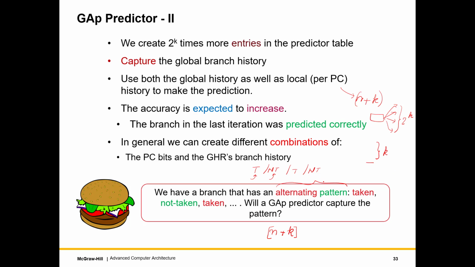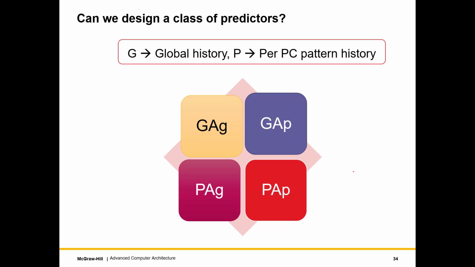So we need to design some other predictor that can capture such alternating patterns and also solve the problem that we discussed regarding the first iteration of the loop. Both of these have to be captured somehow, so we need a better way of capturing them. What are the two patterns that we have still not been able to capture?